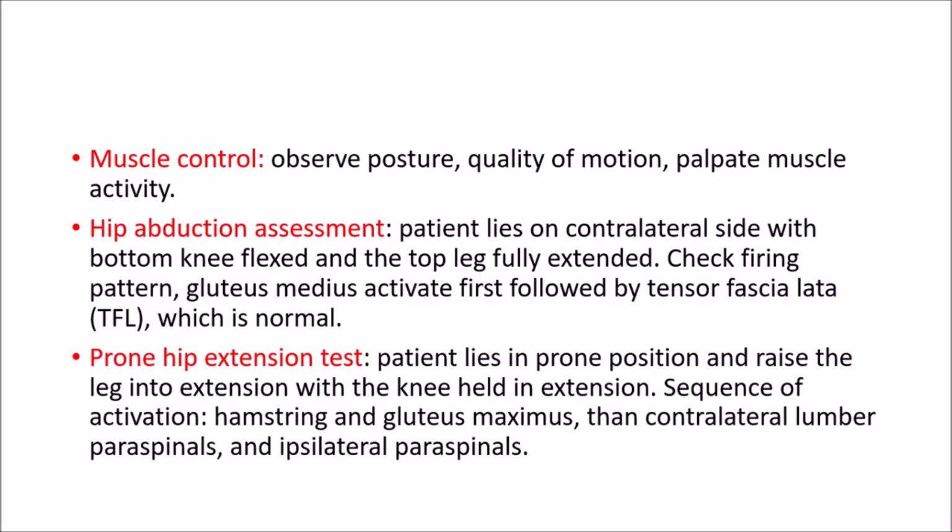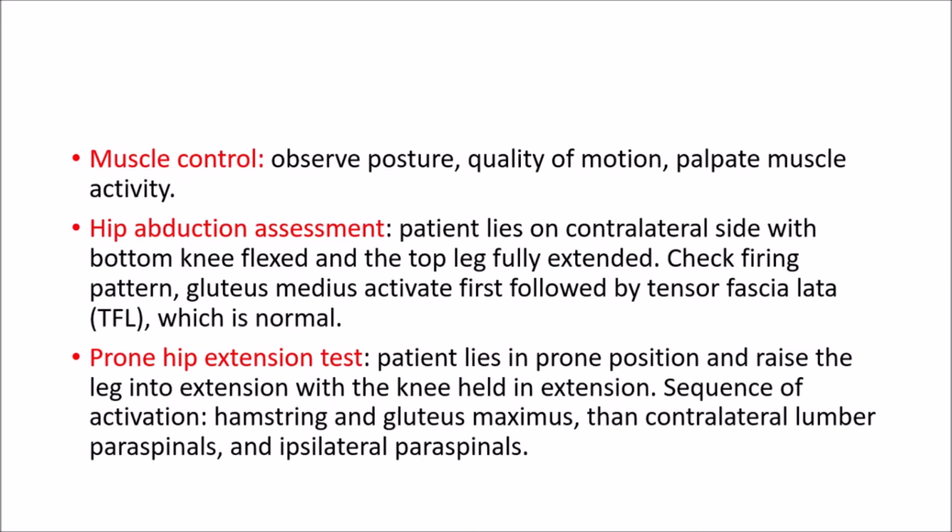In the examination of the hip, first you will check the hip abduction assessment. In the hip abduction assessment, the patient lies on the contralateral side with the bottom knee flexed and the top leg fully extended.